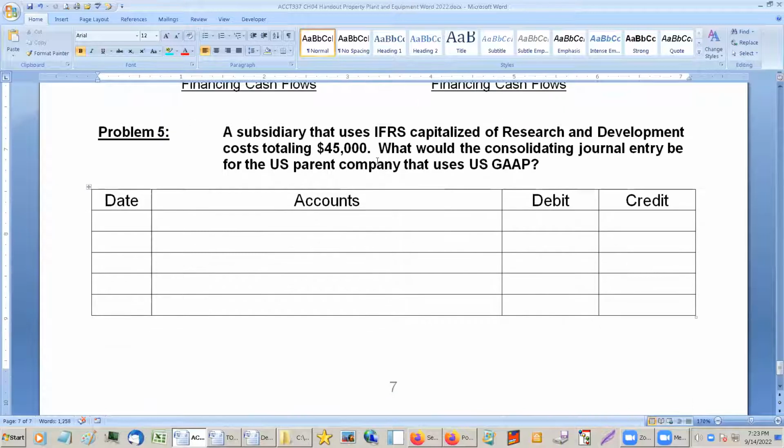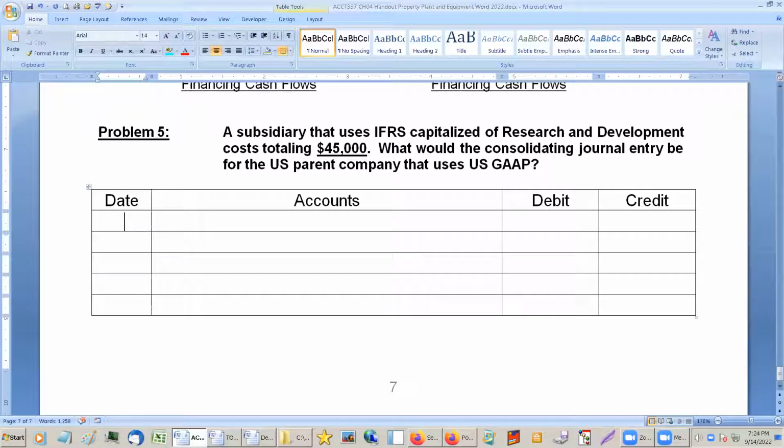Problem 5. A subsidiary that uses IFRS capitalized research and development costs totaling 45,000. What would be the consolidating journal entry for the parent company that uses GAAP? So what would we have to do?